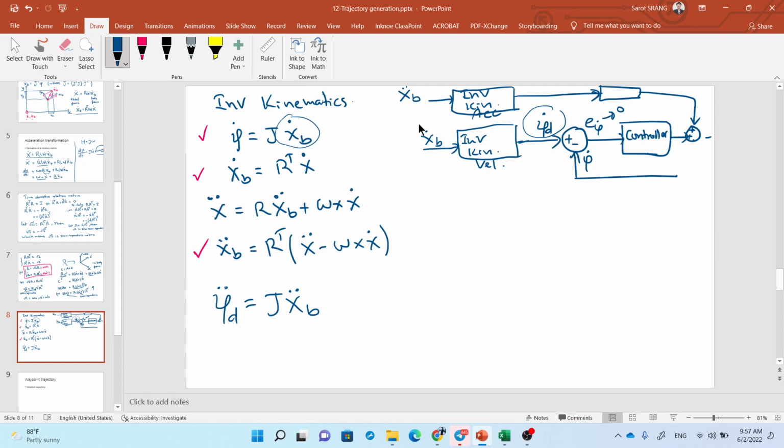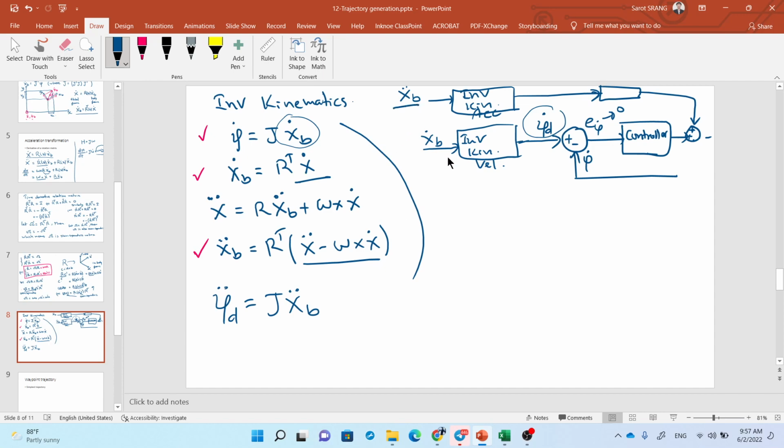And then the question is how can you get H dot B and H double dot B? You need to plan the trajectory in the global frame here. You need to give the information of velocity and acceleration in the global frame. So you use all this kind of transformation.